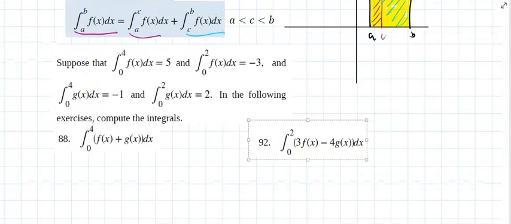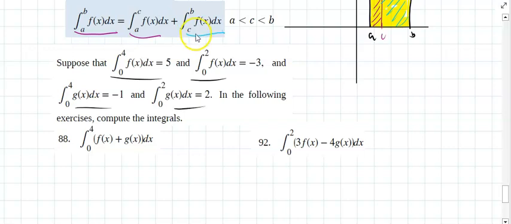Suppose we have 4 integrals: 0 to 4 of f of x, 0 to 2 of f of x, 0 to 4 of g of x, 0 to 2 of g of x. If I want to figure out this integral, well, according to the rule, I could do each of those individually and add the result.